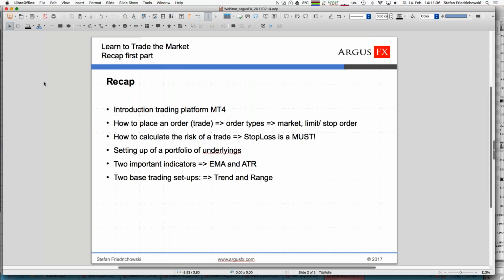Price goes a little bit up, a little bit down, and so on, so it oscillates maybe, or whatever the market is really doing. Then we find a so-called range in the chart, and that means that we have two possibilities to trade that kind of setup. One is that we believe in a breakout out of that range, or that we think, hey, the market will stay in that range.